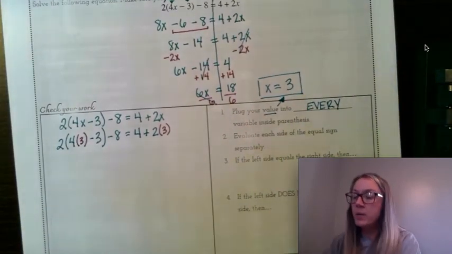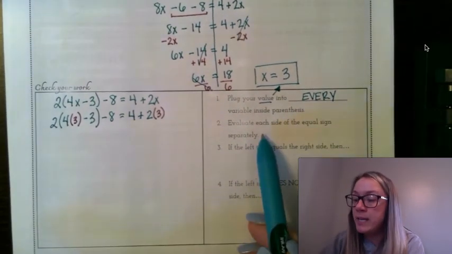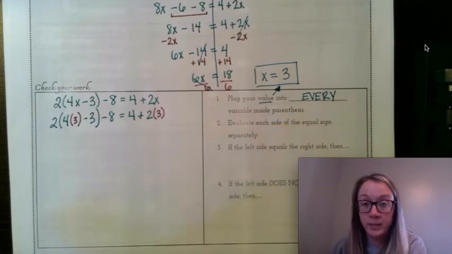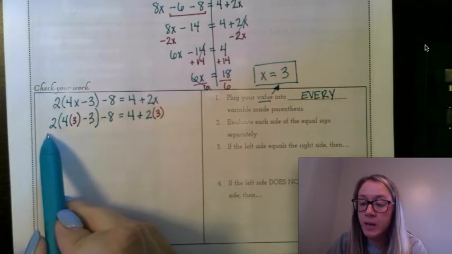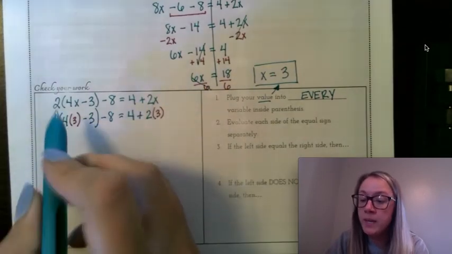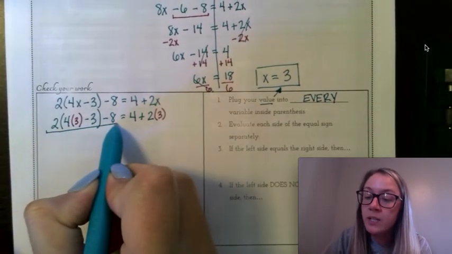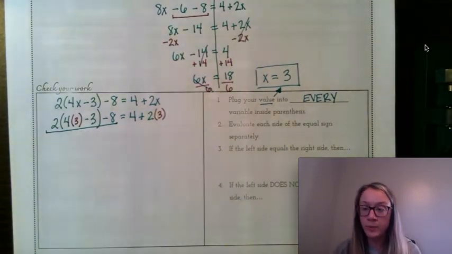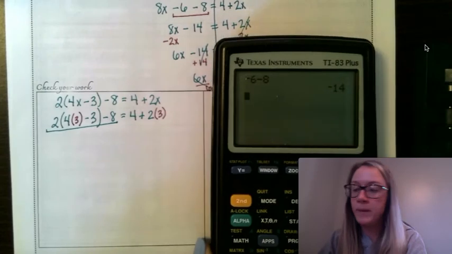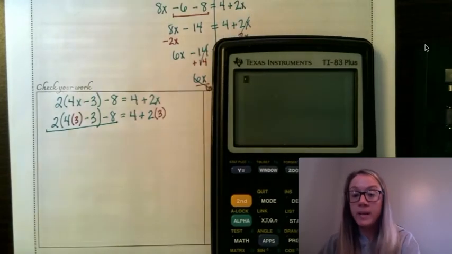So now what I want to do is evaluate each side of my equal sign separately. So we don't have any variables, so if you have a calculator that allows you, you can type this entire thing into your calculator. I'm going to do it both ways. So I'll show you on the calculator and then we'll do it by hand. So I want to type it exactly how it looks.